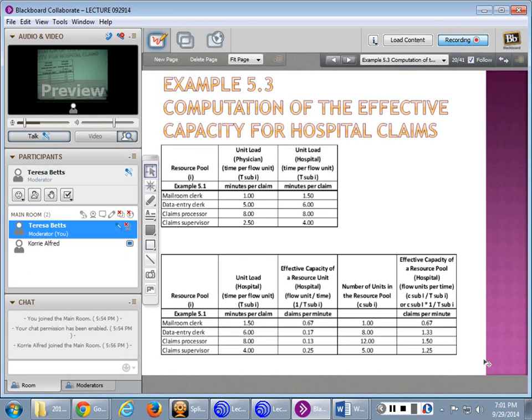What's effective capacity? Units per time or time per unit? Units per time. Yep. So which one of these is my bottleneck? The mailroom clerk, still. So we've just recalculated the same thing we did for the physician's claims with the hospital claims.